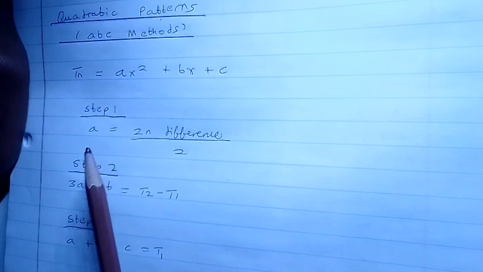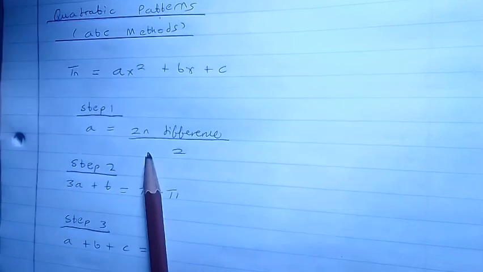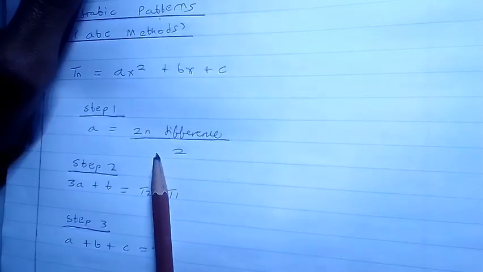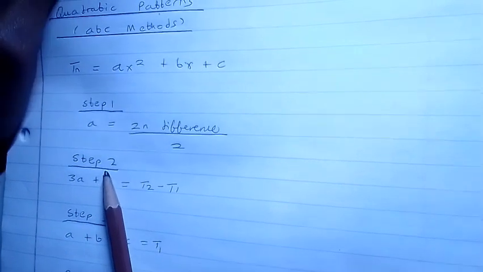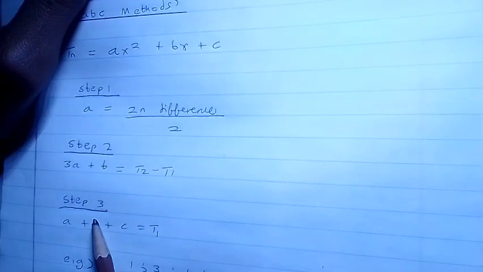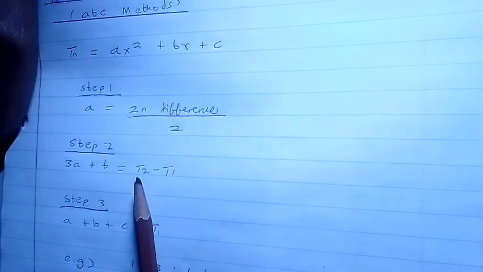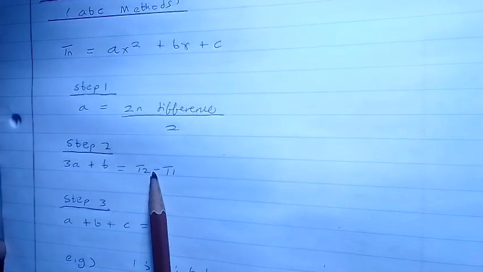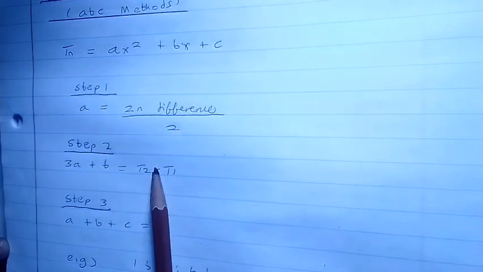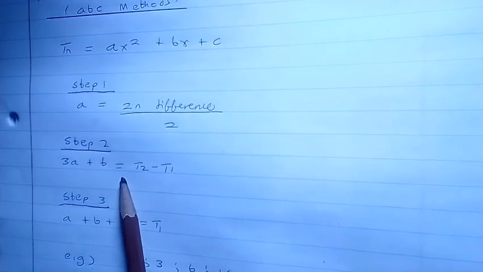For b, we say 3 times a plus b equals term 2 minus term 1. b is unknown and is what we are trying to find. Then for c, we say a plus b plus c equals term 1. And remember, term 2 and term 1 come from the number sequence and not the difference.